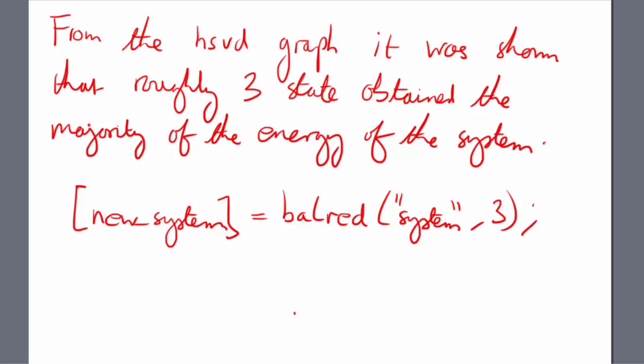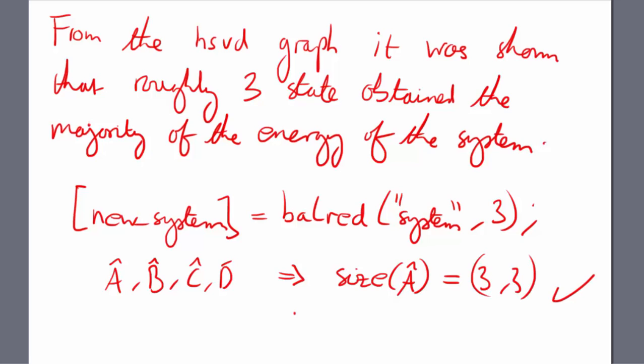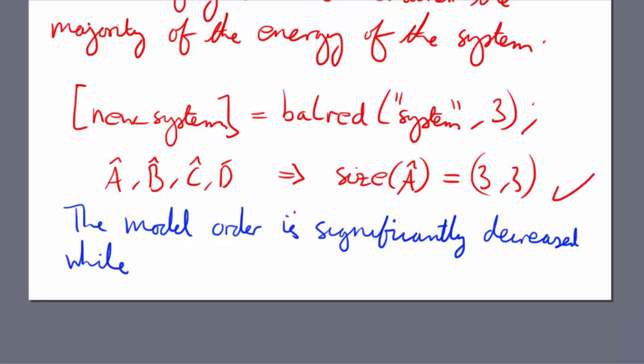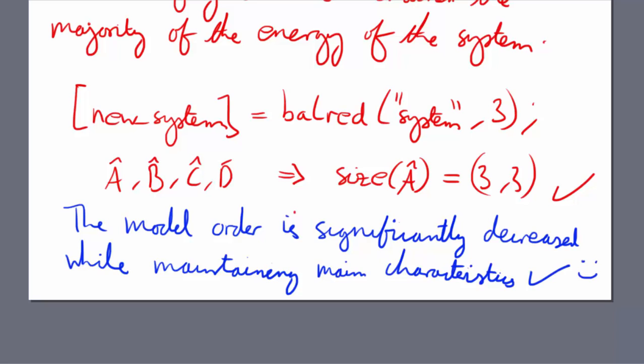And you'll get a new system, A hat, B hat, C hat, D hat. And if we test the size of A hat, we'll get a 3 by 3, meaning there's 3 new states instead of 64 or whatever your model was before. And so the model is significantly decreased whilst still maintaining the majority of the system. So it's about 95% of what it was with a much more decreased system. So happy days.